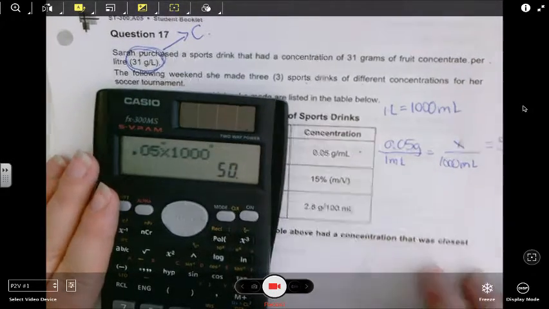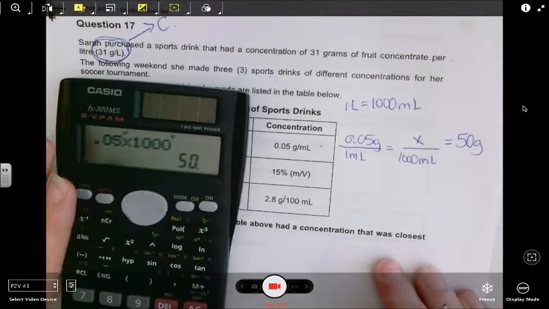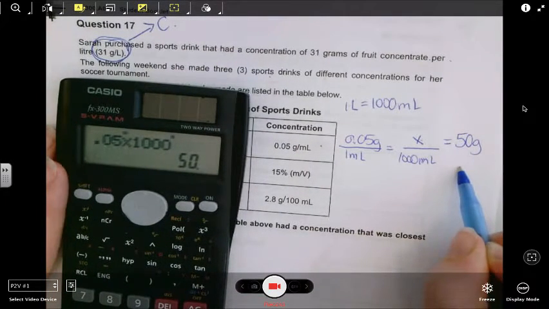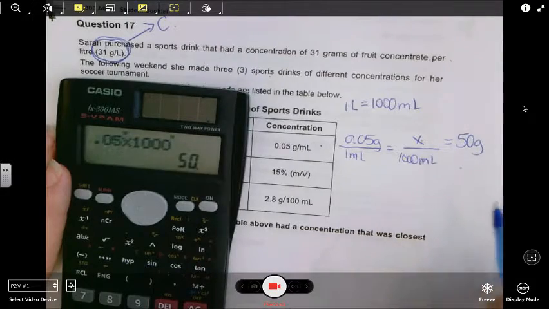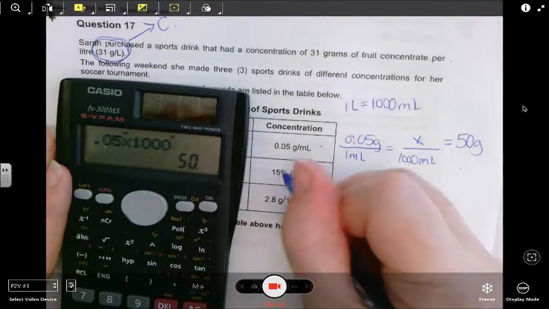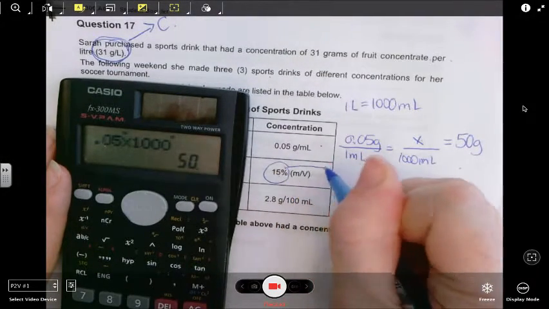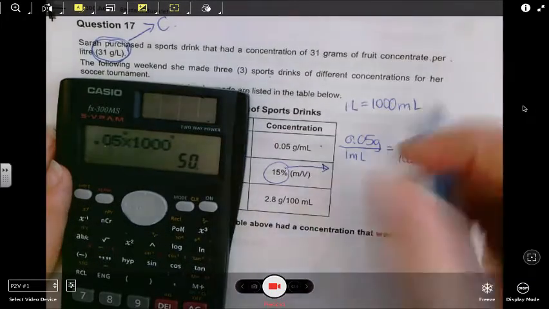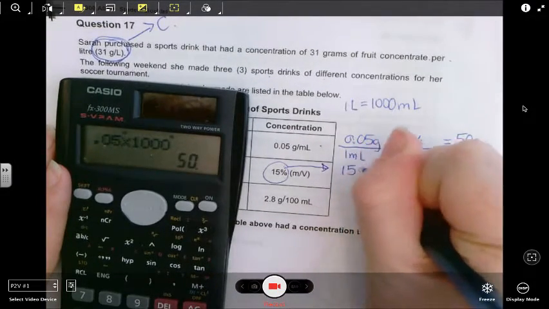Your answer for this should be 50 grams. So the first one, oh, I just realized you can't see what I'm doing. The first one comes out to 50 grams per liter. All right, the second one, when you have 15% mass over volume, when you see this 15%, that always means that the top part is 15 grams.